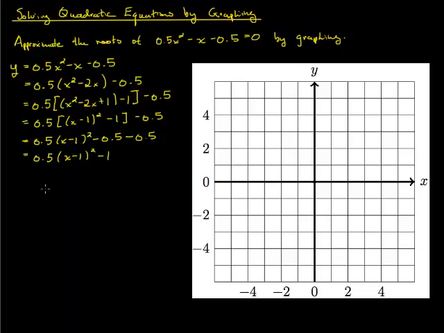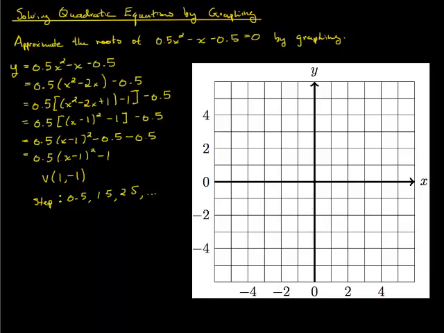Now the vertex of this equation is 1 comma minus 1. The step pattern from the vertex is 0.5, 1.5, 2.5, 3.5 and etc. We'll probably only be able to fit a few points on the grid that's been provided based on how it's been scaled.